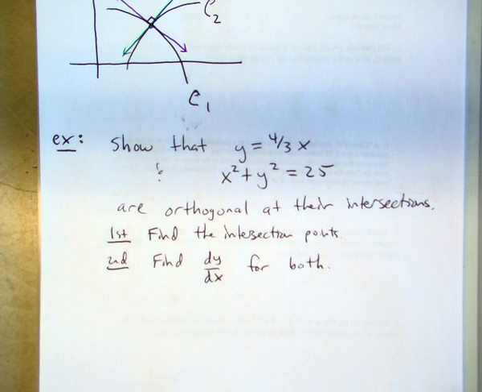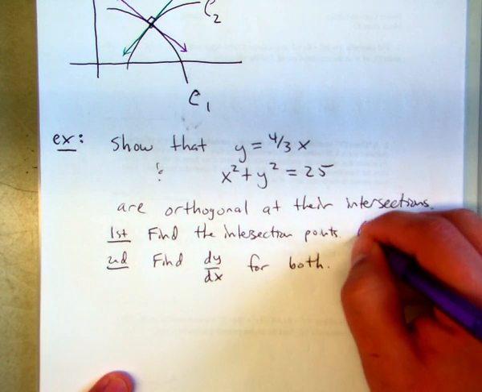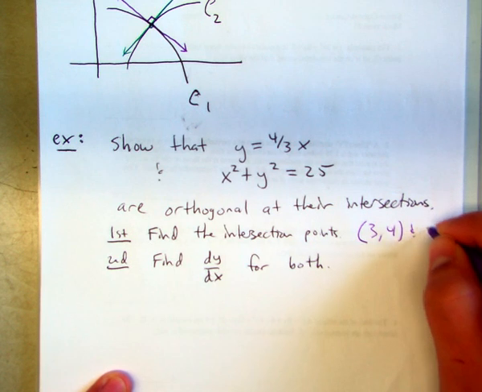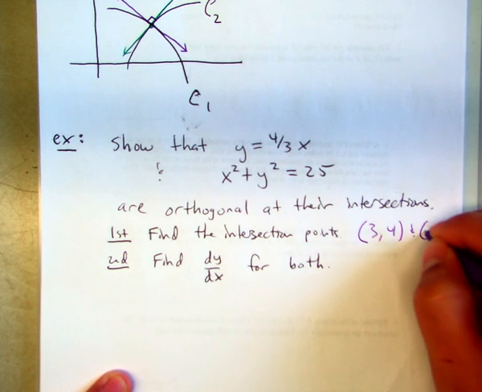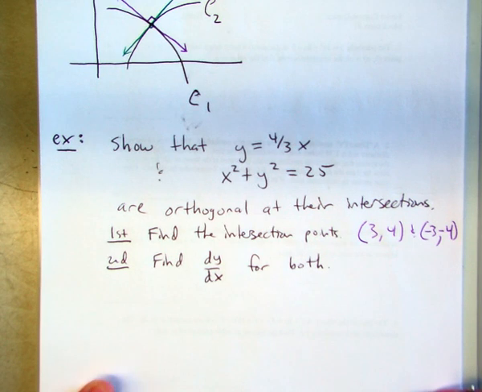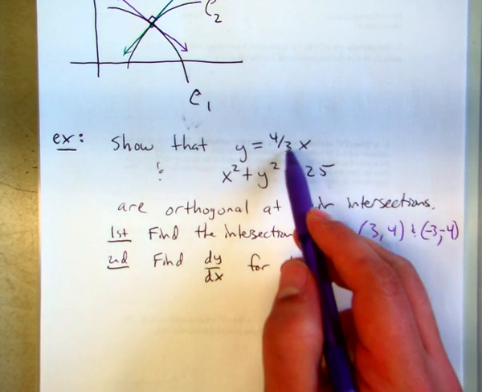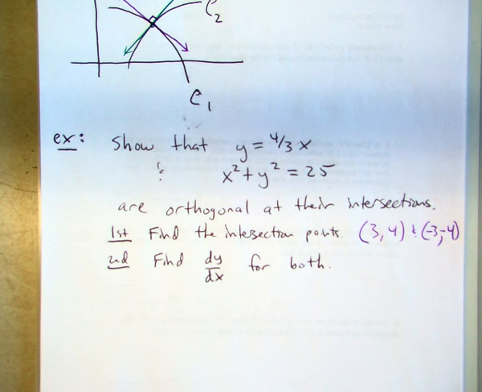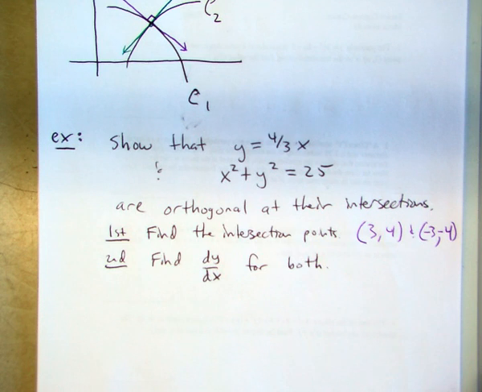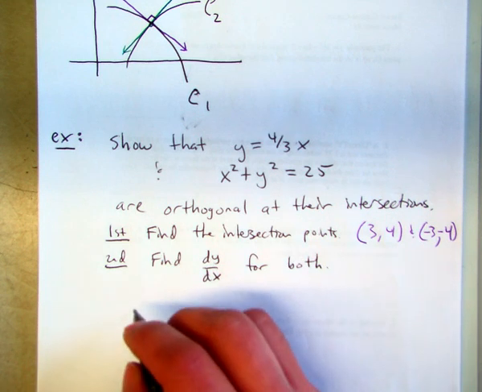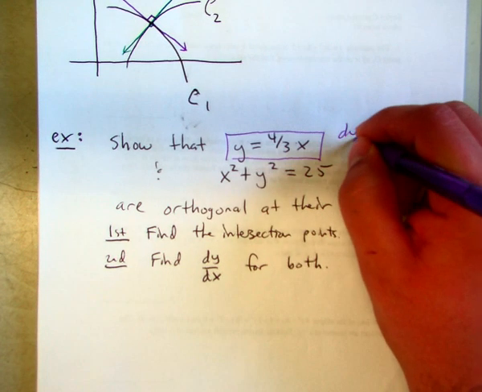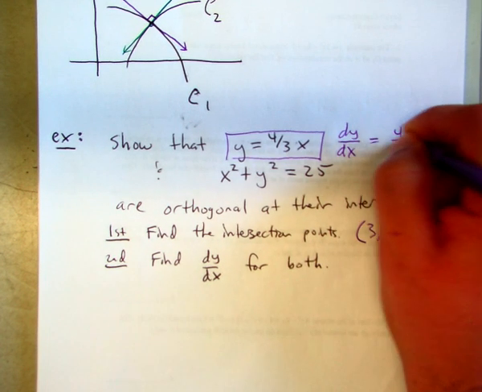Okay, so yeah, the intersection points are going to be (3, 4). There's actually another point at (-3, -4). Which you can do: plug in 4/3 x, you get a quadratic, solve, you get two values. Okay. So let's go ahead and do this then. For the first function, what's dy/dx? 4/3.